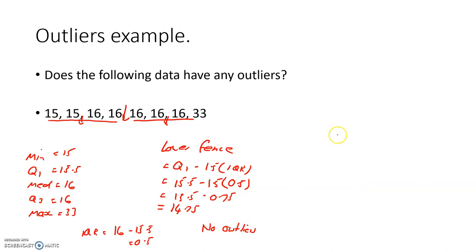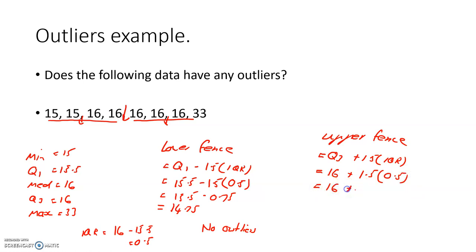But we also need to check the upper fence. Now looking at this, it is on the upper side. It's so much bigger, we're expecting that 33 to be an outlier. So upper fence is Q3 plus 1.5 by IQR, which is 16 plus 1.5 times 0.5, which is 16 plus 0.75, which is 16.75.